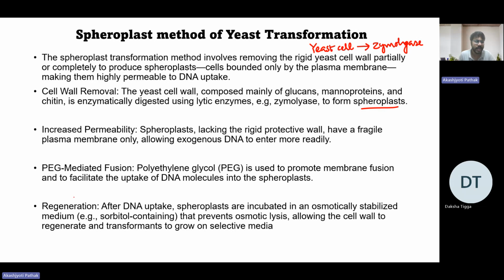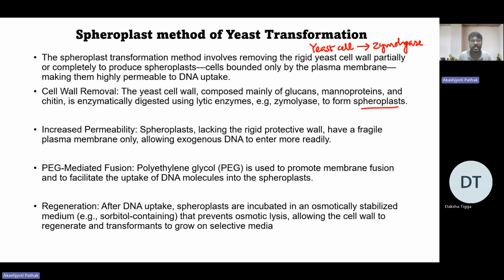And the final step is the regeneration step. After the DNA is uptaken, the spheroplasts are incubated in an osmotically stabilized medium that prevents osmotic lysis, because you have digested the cell wall by treating it with zymolase. After the PEG-mediated fusion, you have to allow recovery by placing the cells in a medium so that the yeast cell does not burst and the osmotic balance is maintained inside the cell.